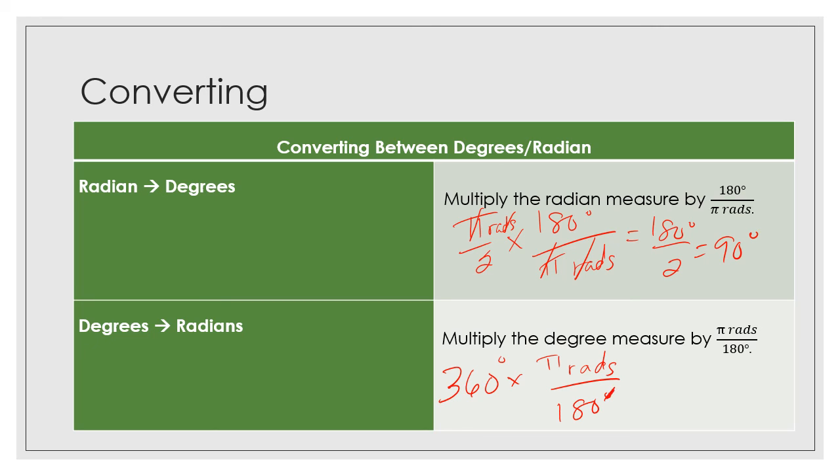This degree marking cancels, so that leaves me 360 pi over 180, and that's radians. 360 divided by 180 is 2, so that gets me 2 pi radians. And that again is another one that I gave you for reference. So always, if you're going from radians to degrees, those radians are going to cancel out, and same thing, degrees to radians, the degrees are going to cancel out.